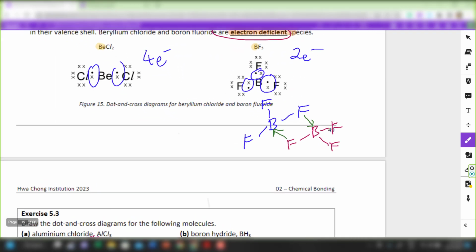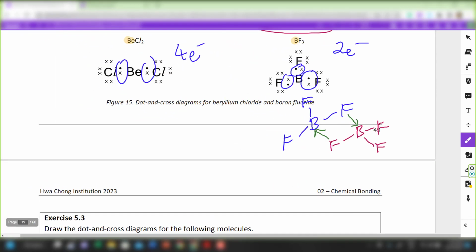Jumpstart a little bit over here when we discuss the dimeric form of BF3. Okay, so that means that one of the atoms contributes both the electrons to the single bond. Yeah, so that's why we draw an arrow from the one that contributes to the one that receives. So fluorine is the one donating the lone pairs of electrons to boron, so we draw an arrow from fluorine to boron.